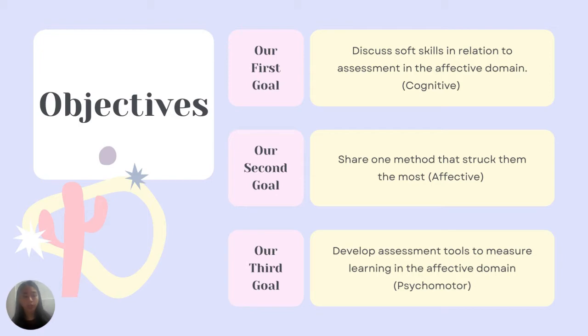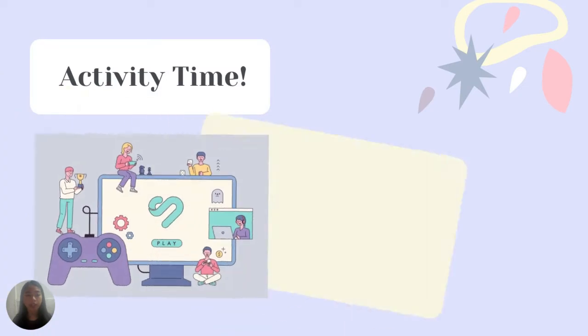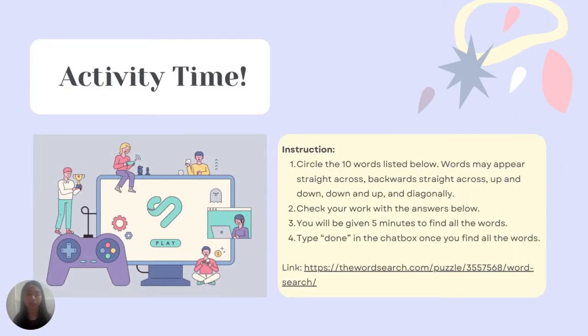But before we proceed to our discussion, let's have an activity first. We will be providing a link. The link will redirect you to the activity, and you will only be given 5 minutes to do it.